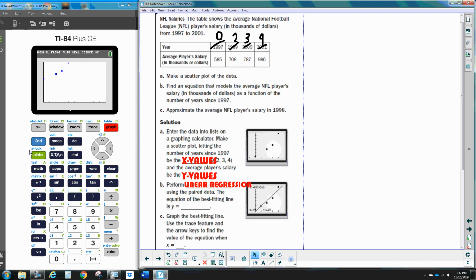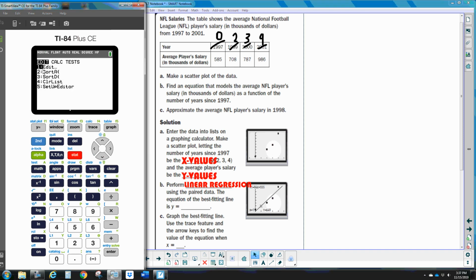So on your calculator, press the stat button again, and now instead of editing the list, we're going to calculate. Okay, so just scroll over to calculate, and then scroll down to number 4. This is our linear regression. So our x list is going to pull from list 1, because that's where we put our x values. Our y list is going to pull from list 2, because that's where we put our y values.